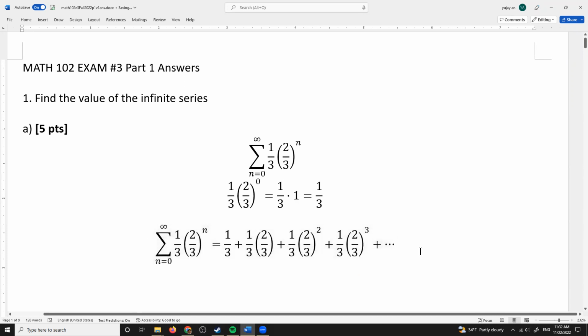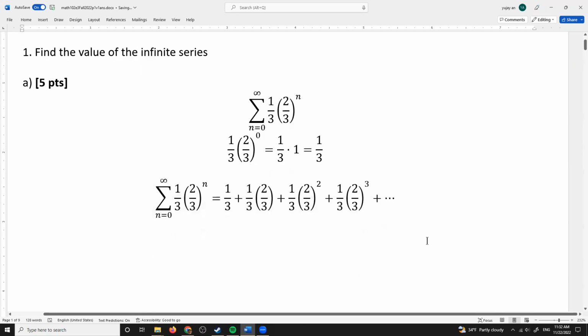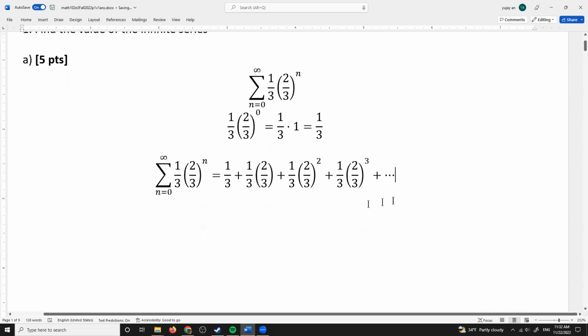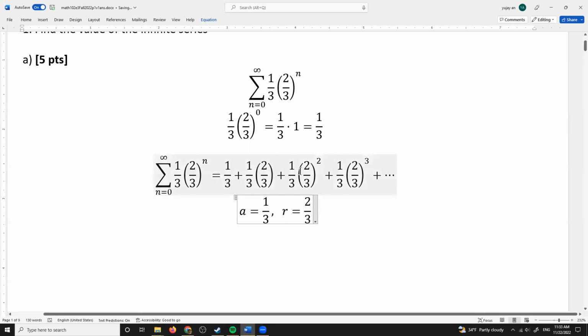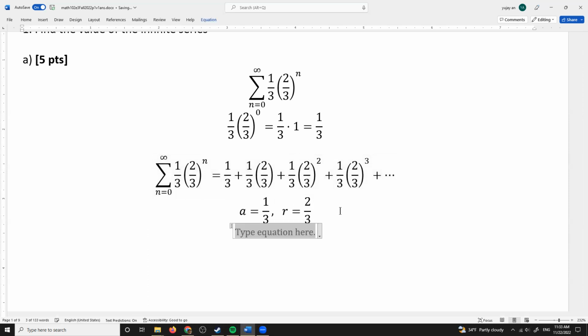So once you write in this format, you see that this is, what series is it? Anyone? Geometric, right? Geometric, yes. So because this is geometric, with the very first term being 1/3 and r, the common ratio, being 2/3, because every time you move to the next term, this 2/3 is multiplied, the solution is a over 1 minus r.